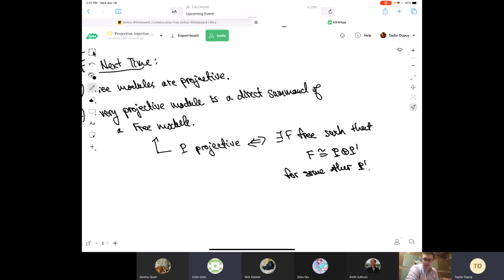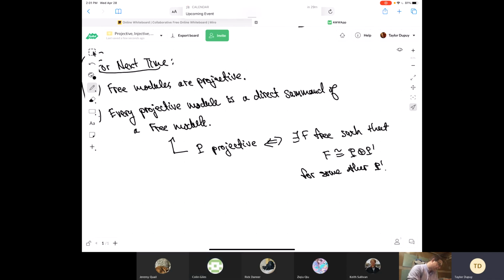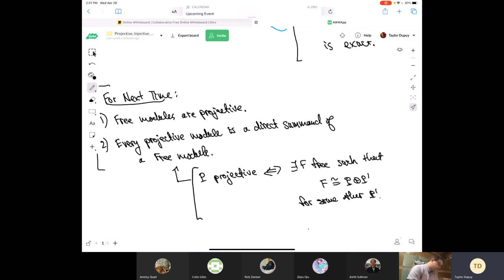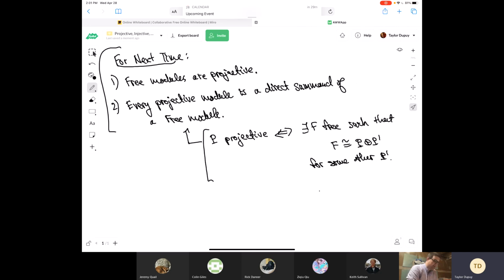Interesting. I was just curious because the statement is similar to a lot of other statements. Yeah, it is. It's very categorical, right? When there are lots of statements going around that are very similar, it's usually because it's coming from category theory.